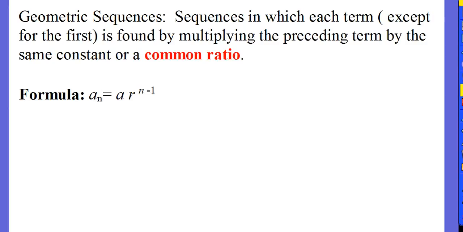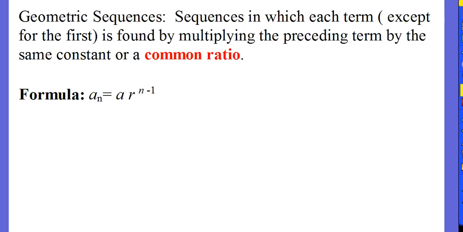And I said multiplying. This is what makes it geometric versus arithmetic. Arithmetic, we were adding. Geometric, we're multiplying. Okay? So we will be finding the common ratio instead of the common difference.